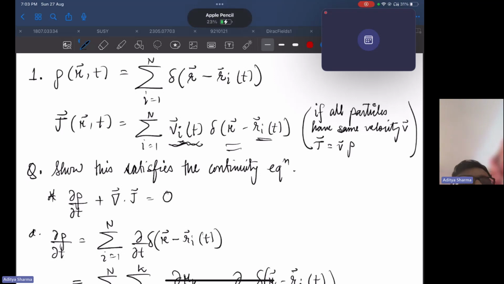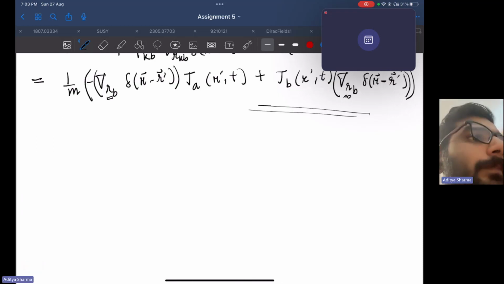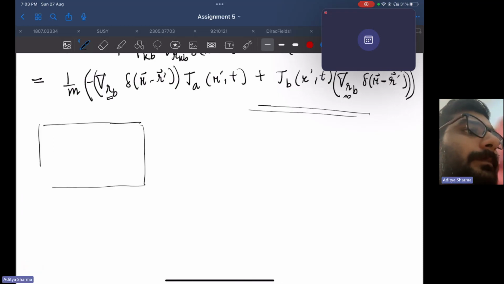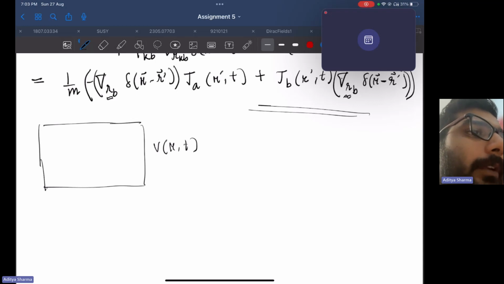What I mean to say is that if suppose this is your space, and I want to describe velocity as a function of position and time. So forget time for now. Just look at position. If any particle comes to this position, it is going to have v of r, t at some time, say a fixed amount of time.